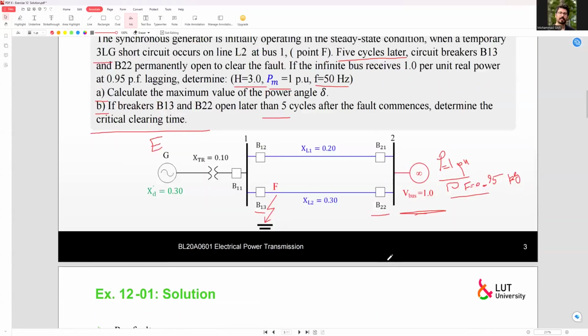So you may know that S is VI conjugate, right? So the magnitude of S would be equal to this.